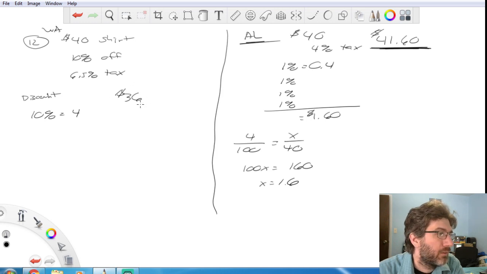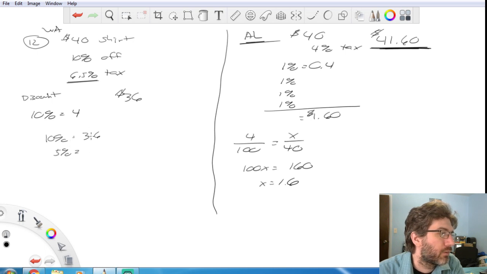Here we need 6.5% of the 36, not the 40 like we did over in Alabama. We need 6.5% of this. So again, to get 5%, you want to find 10% first, which is 3.6. So 5% is half of that.